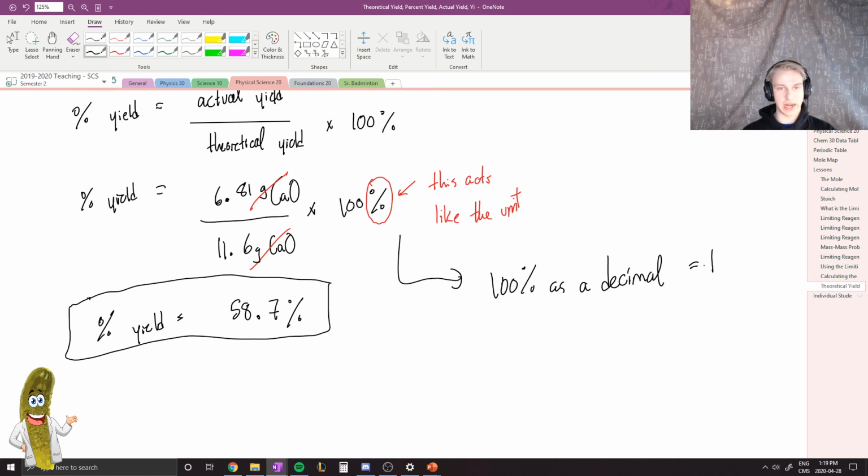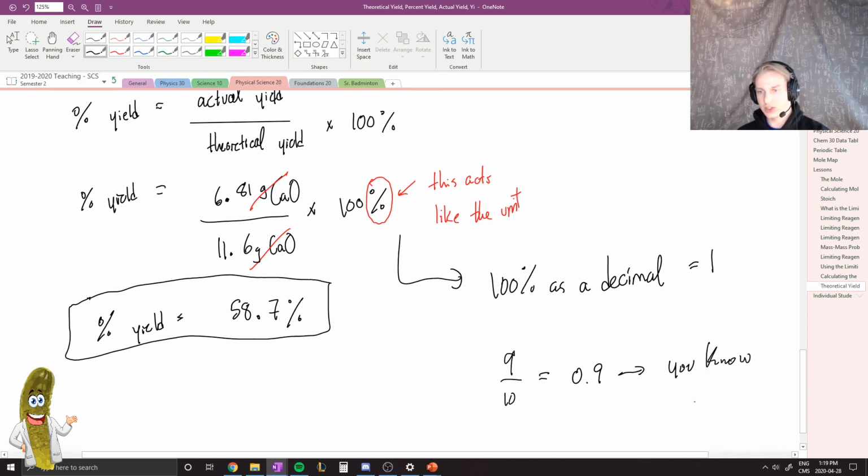But you know you didn't get 0.9%, you know you got 90%. So 9 out of 10 is equal to 0.9, you multiply by 100, and you got 90%. And what you're actually doing is multiplying by 100%, where that percentage sign is acting as the unit. Does that make sense?